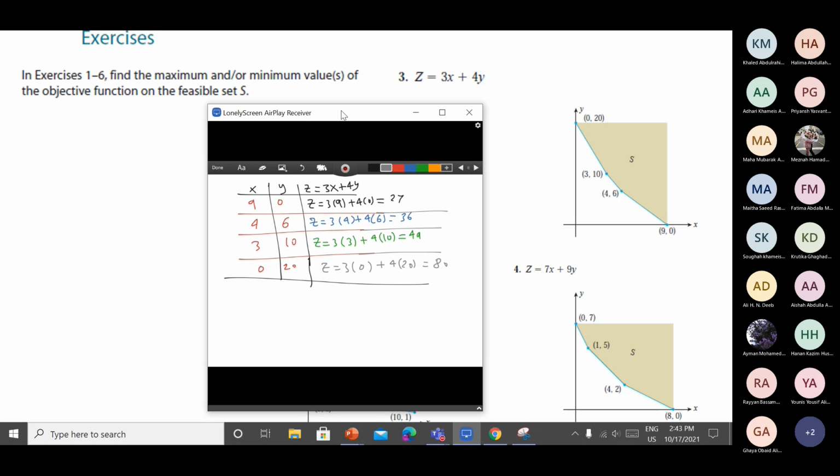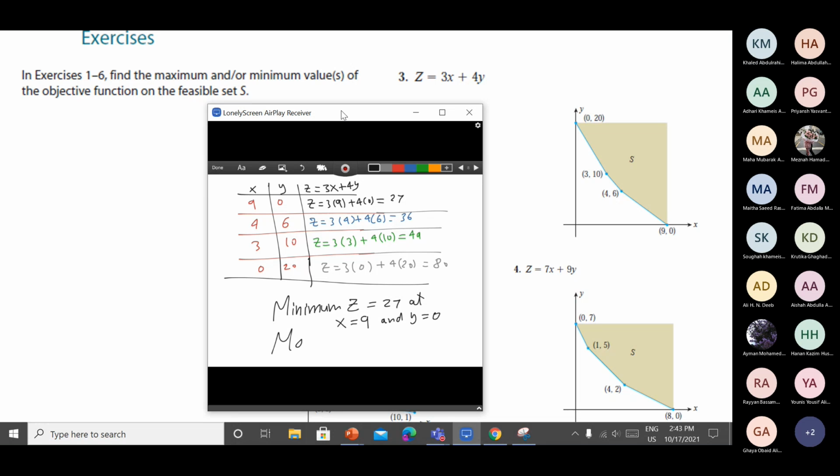What is the maximum value? What is the minimum value? Maximum is 80 and minimum 27. Let's go for the minimum first. Minimum of z equal to 27, at x equal to 9 and y equal to 0.